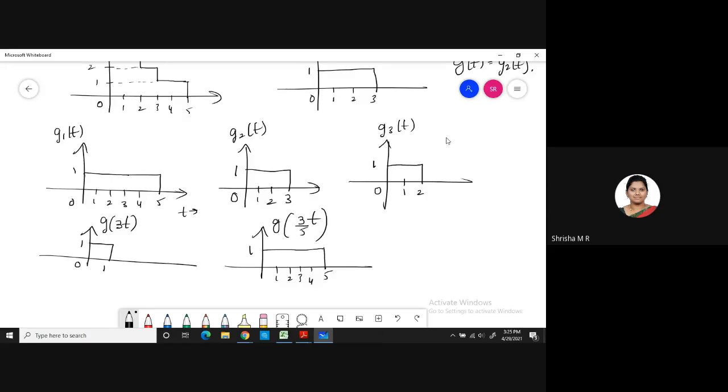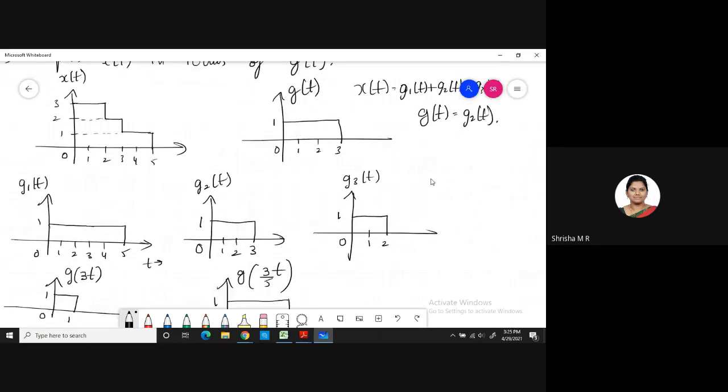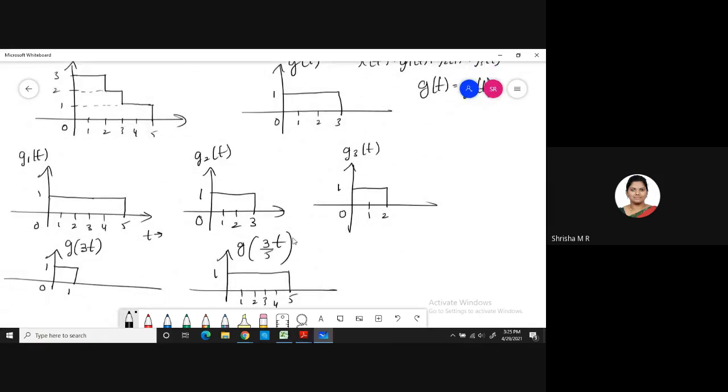Now I want to express x of t in terms of g of t. Now I have g2 of t is directly g of t, and g1 of t is g of 3 by 5 t. What I am doing is compressing g of t by scaling it by a factor 3, so whatever is at 3 will come to 1.